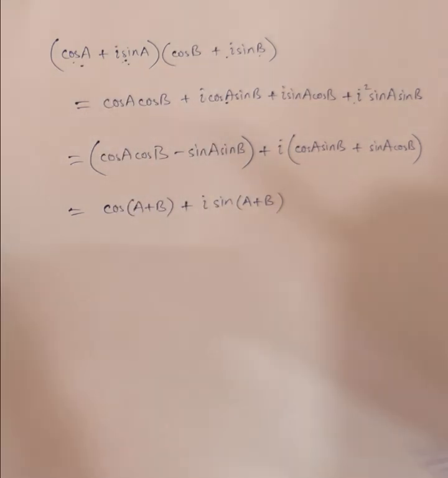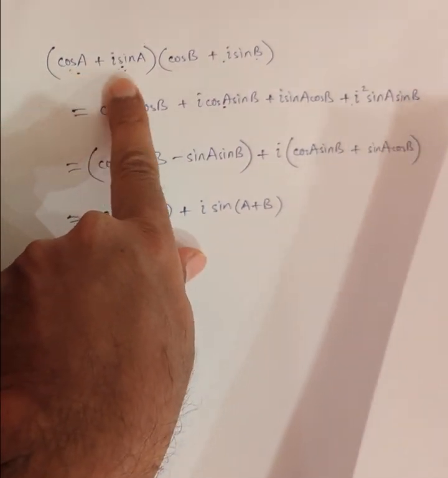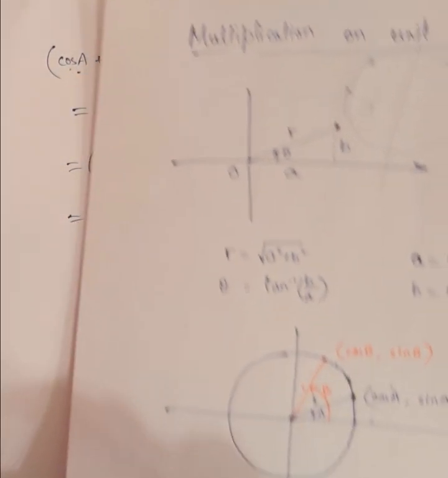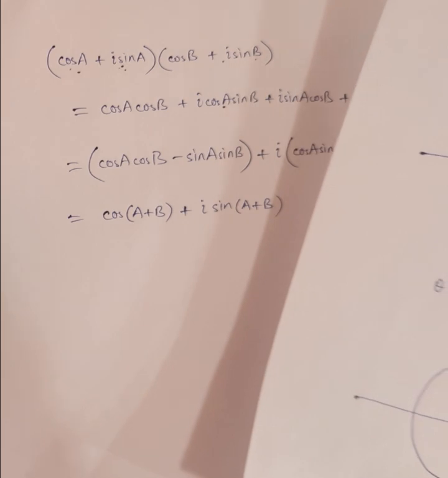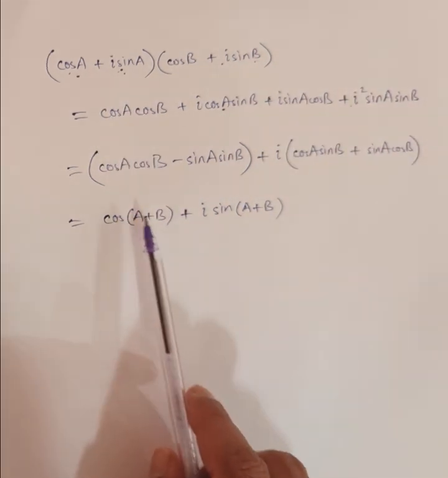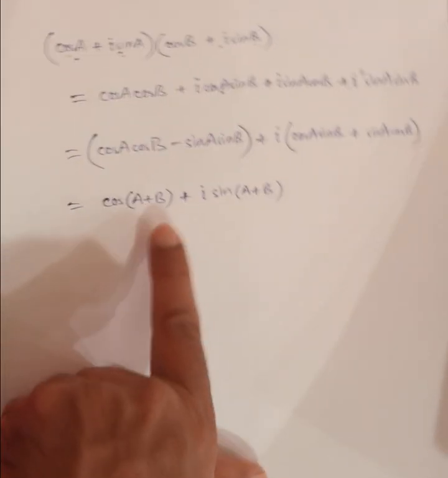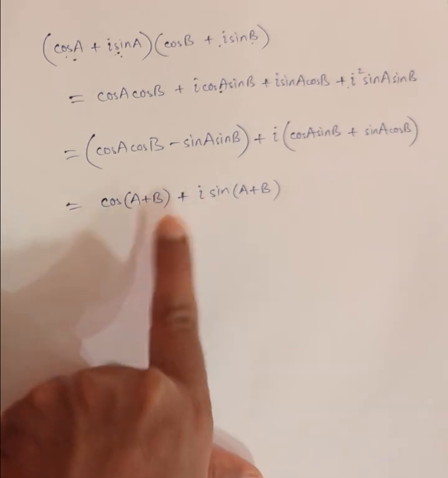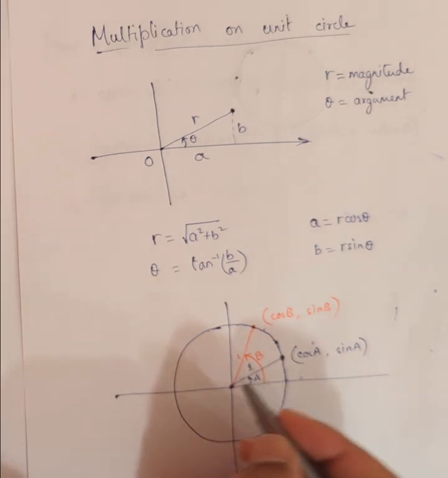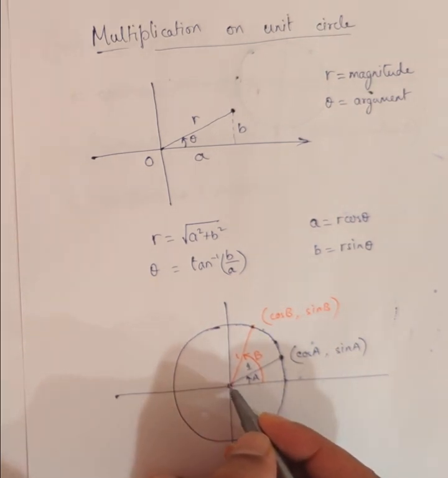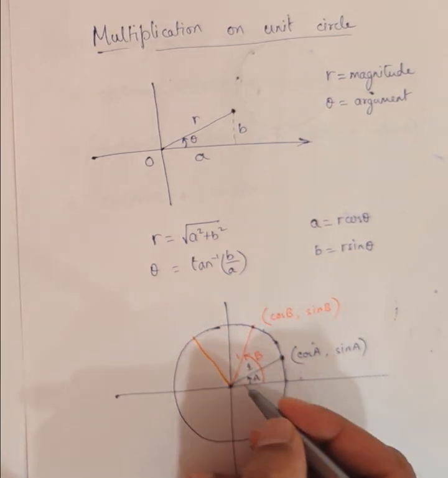So the first complex number had an argument of A, that's why it was cos A plus i sine A. The second complex number had an argument of B, that's why it was cosine B plus i sine B. And we multiplied and got cosine of A plus B plus i sine A plus B, which means the product has an argument of A plus B. So let's go ahead and draw that. And it's again a complex number on the unit circle. So this is where the product of those two complex numbers is going to be.